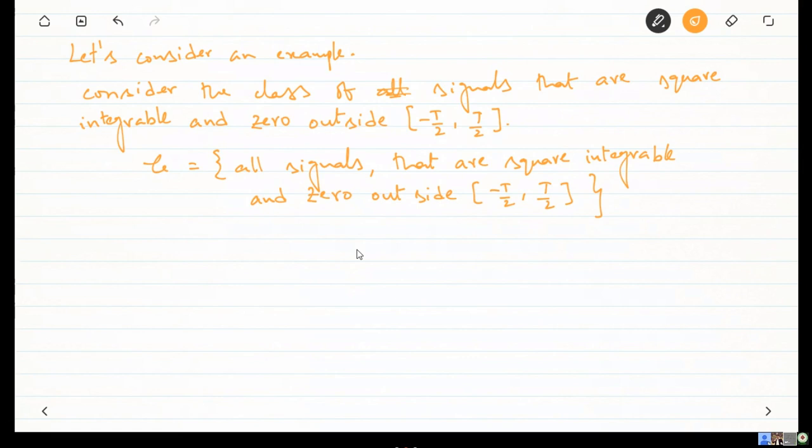Square integrable is nothing but they are finite energy signals, because if a signal is s of t, if I say that the signal is square integrable, that means the integral of mod s of t squared is finite, right? So consider all finite energy signals that are defined only in the interval minus T by 2 to plus T by 2 to be non-zero, and they are 0 outside this interval.